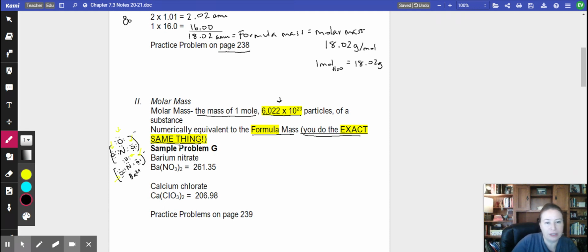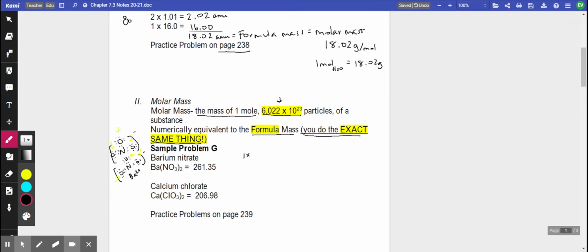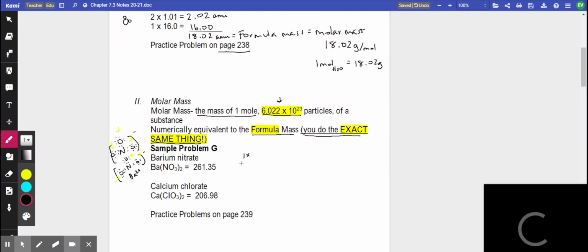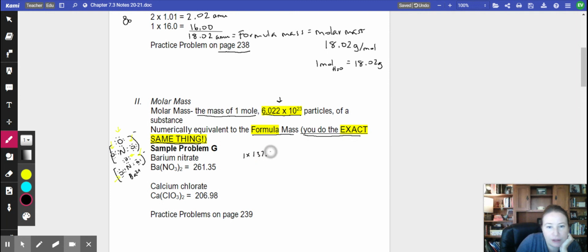I would have to look up my mass of barium, and I'm going to need to pull up my periodic table for that. Barium's in group 2. It has a mass of 137.33 grams. That's pretty heavy. And the 2 nitrogens, nitrogen is 14.01 grams per mole. Oxygen is 16, and there are 6 of them.